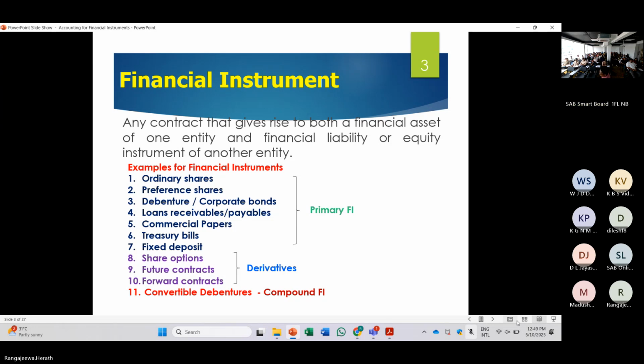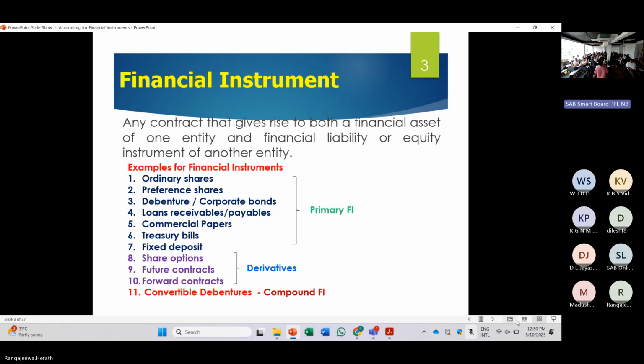Broadly, this is something additional. Investment in ordinary shares. If you invest 75% of ordinary shares of another company, 80%, 100%, or 60% of ordinary shares of another company, then we name that investment as what?